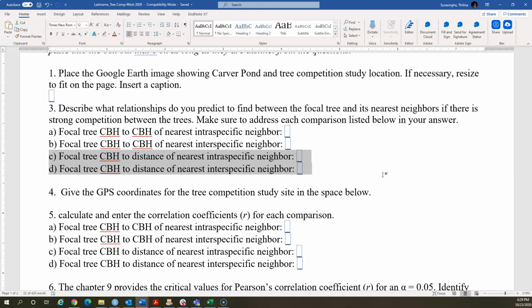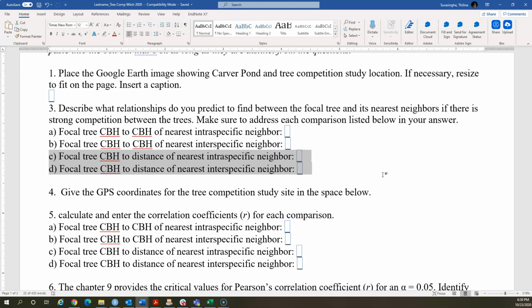So if it is a larger and mature tree, it is going to be competitively more dominant and superior. So if there is interspecific competition, with increasing circumference at breast height, the intraspecific as well as interspecific neighbor distance will also increase.